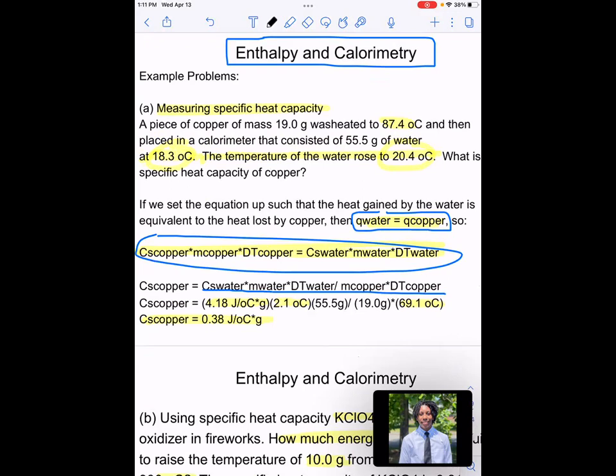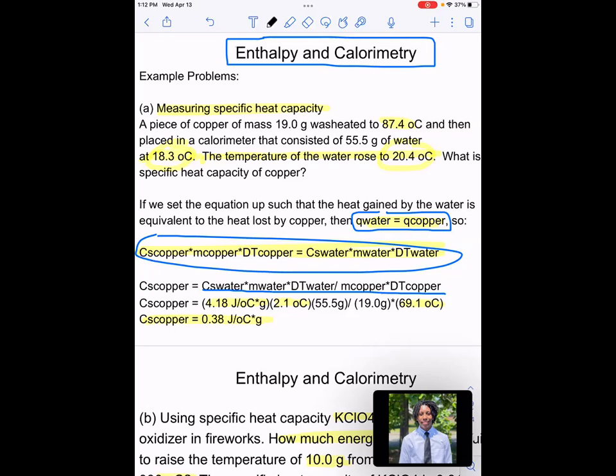So when you want to measure specific heat capacity in a calorimeter, if you know the heat capacity of the water, the mass of the water, the change in temperature of the water that you can measure with the thermometer, and the change in temperature of the warm body that you're adding, then you can solve for the specific heat capacity of that thing. So that's what this problem is illustrating.